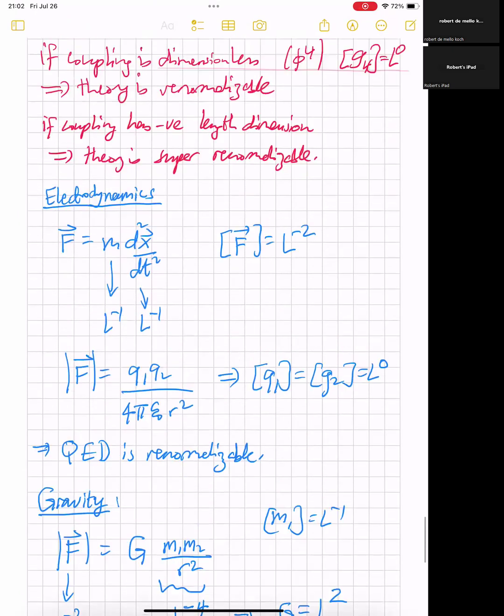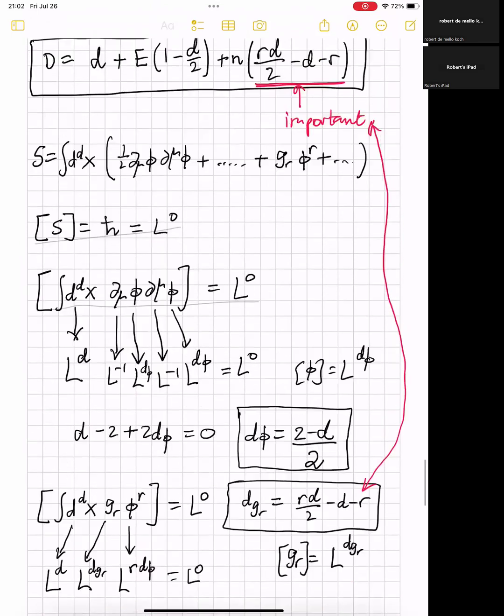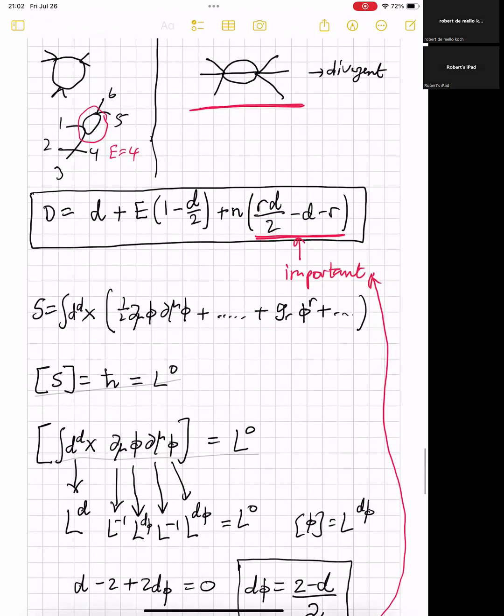Finally, let me just suggest you do one other exercise, which I think is very interesting. Inside our master formula over here, just ask yourself, what happens if D is equal to 2? D is equal to 2 dimensions.